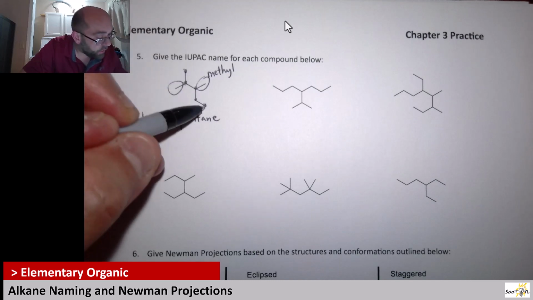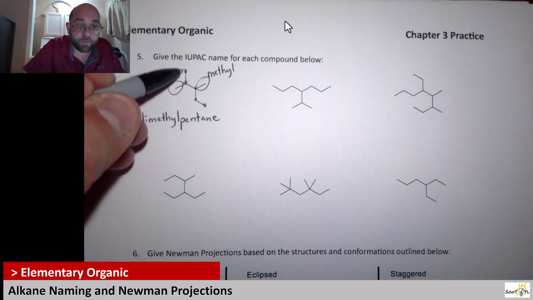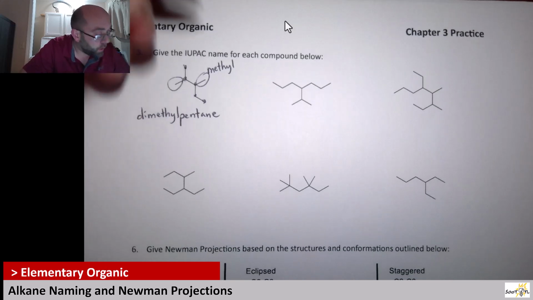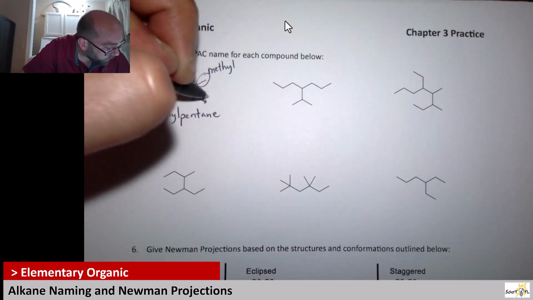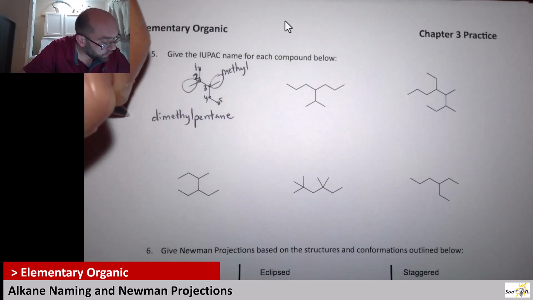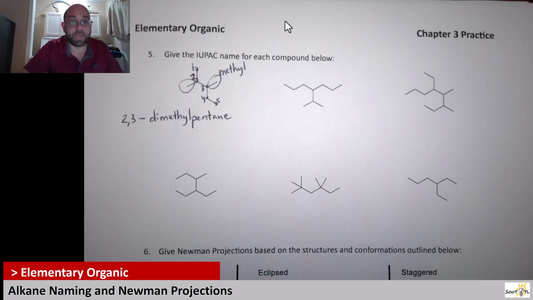But if I start down here, the first branch I get is at 3. So I want to start with the first branch occurring at the smallest number. So I'm going to label this as 1, 2, 3, 4, 5. So it would be 2, 3 dimethyl. So 2,3-dimethylpentane.